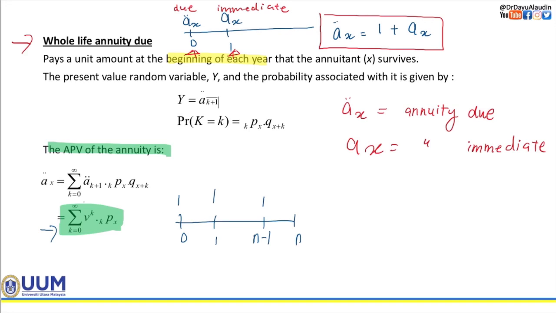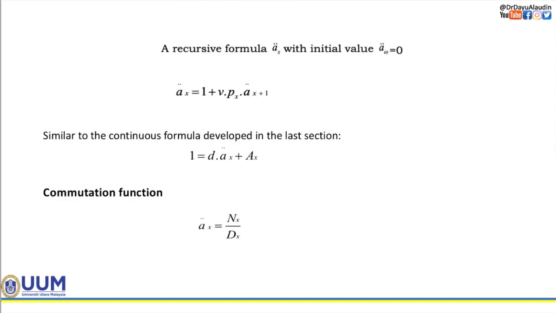And it is until infinity since it is whole life. And we only consider kpx because it pays for survivors only. And this is a recursive formula for annuity due.